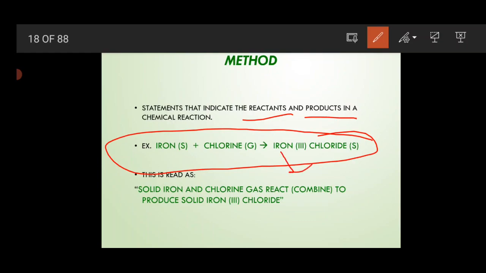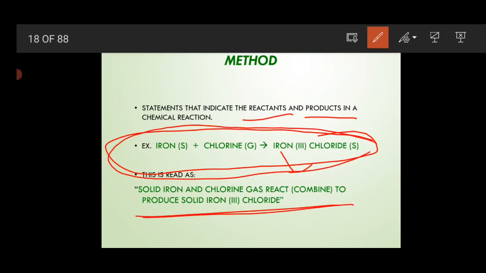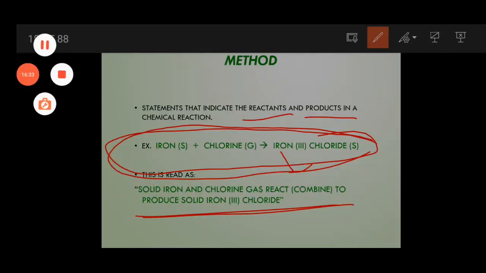And when we show that equation in the form of a sentence, when we represent the word equation in the form of a sentence, then it is called the explanatory method of representation.